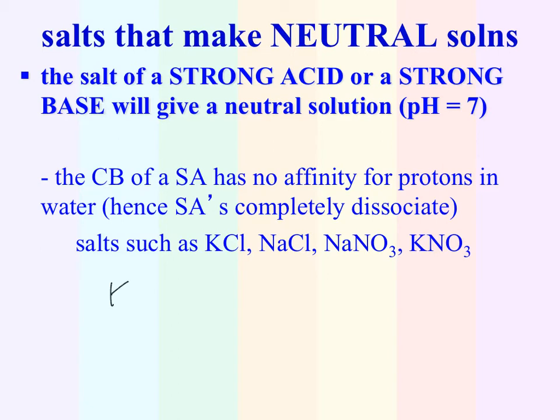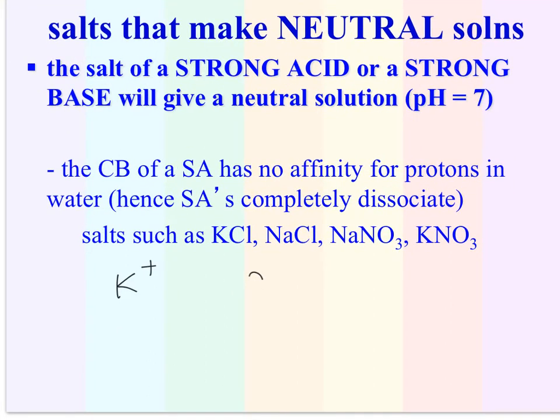So if we look at, say, KCl, it consists of a K plus ion and a chloride ion, Cl minus. If we look at these two individual ions and their sources with respect to acids and bases and where they potentially could have come from, we can quickly establish that K plus could totally be sourced from potassium hydroxide, and Cl minus could totally be sourced from HCl.